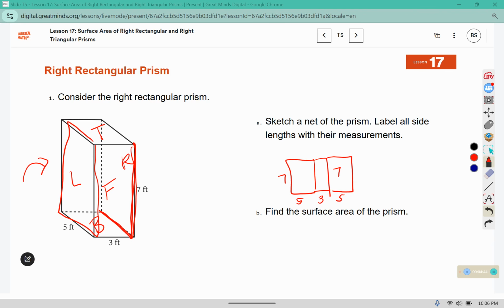Coming off of the front, there's also the top piece. The top piece is 3 by 5. The bottom piece is a 3 by 5. And then I also have the back, which is a 3 by 7.